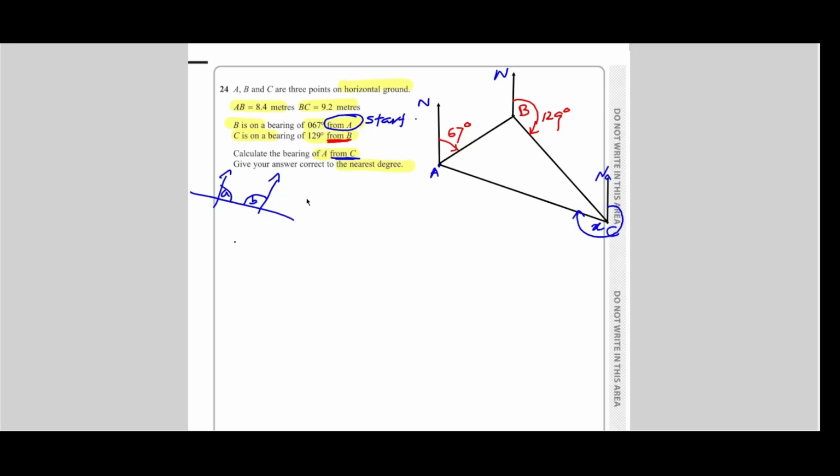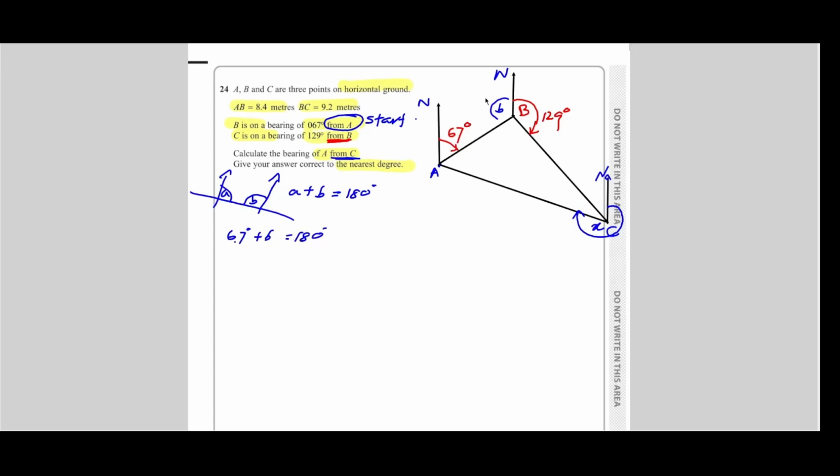What's the reason? Allied angles or interior angles. A plus B add up to 180 degrees. Let's label this angle as angle A and this one as B. So I can write A plus B, 67 plus B add up to 180.